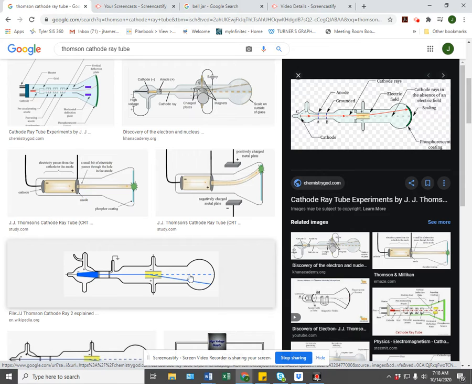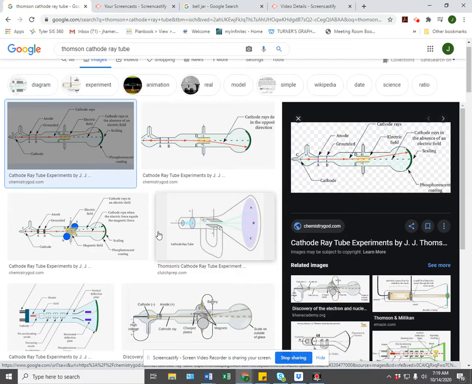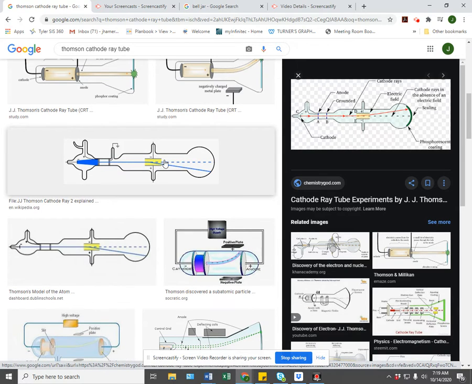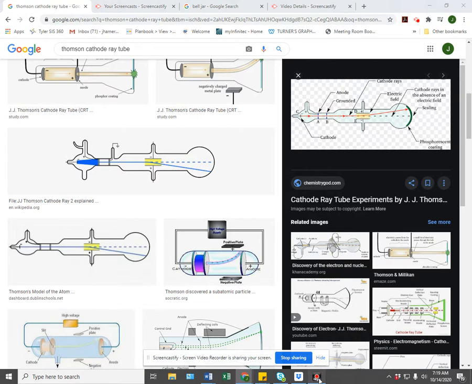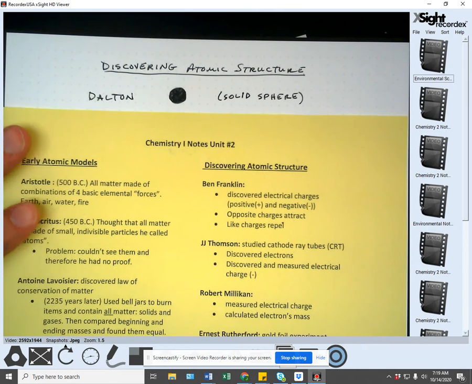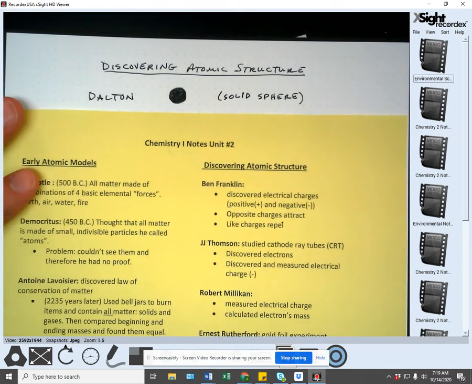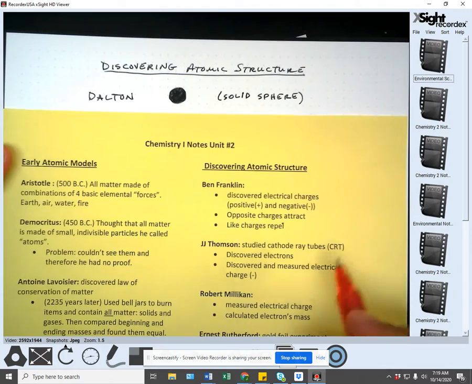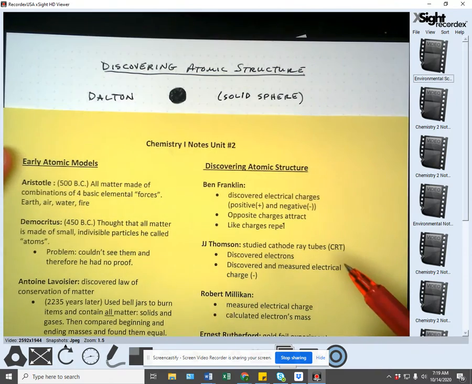The ray actually bent. It bent because he had charged plates at this part, and as the beam shot through, it got deflected. What this showed him is that the beam of particles he was shooting were negatively charged. So J.J. Thomson actually discovered electrons.